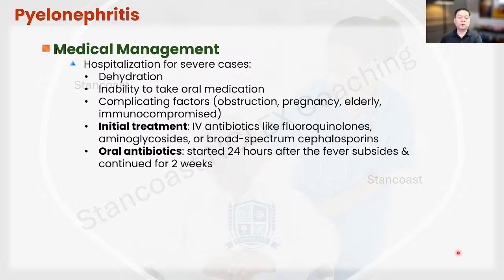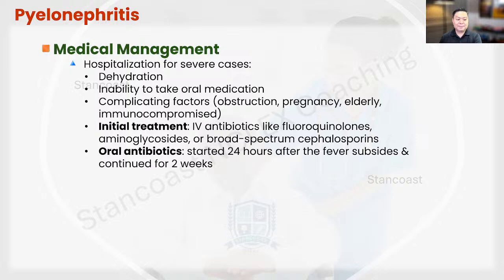Let's say they're now able to ingest an oral form of the antibiotic, or the fever has subsided already, or the blood pressure has become more stable. And so the oral antibiotics will be more suitable at this time. This transition usually occurs in about 24 hours.